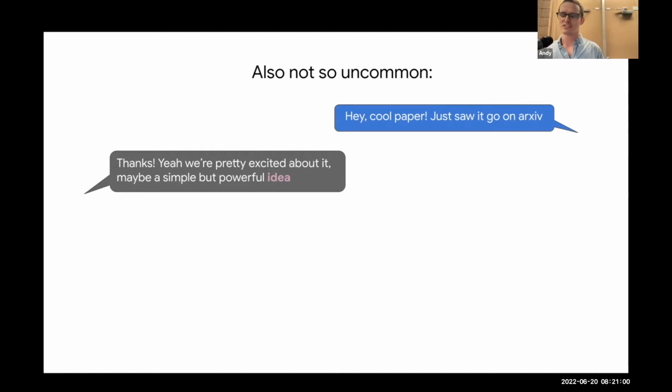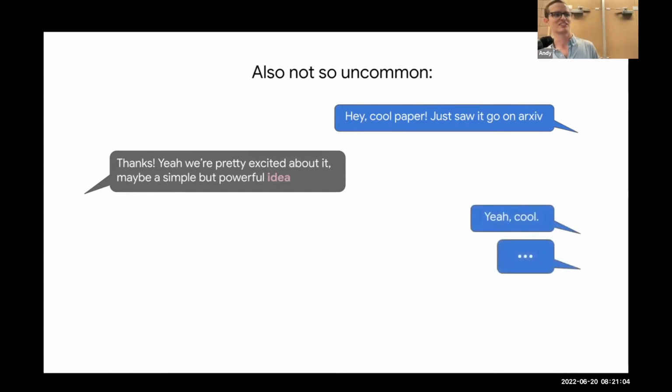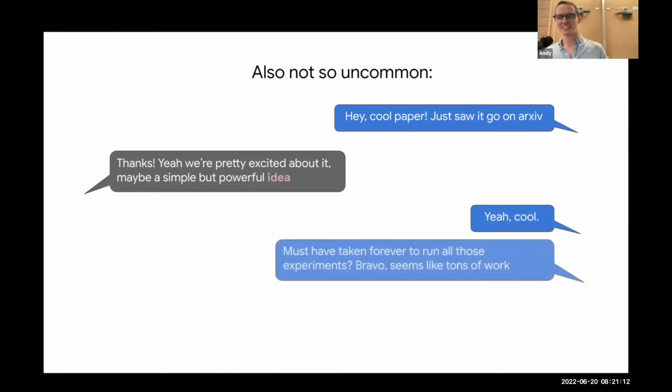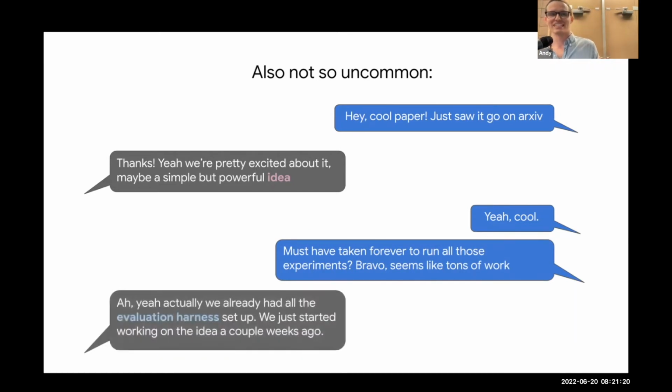And then you think to yourself, yeah, cool. But then you're thinking to yourself and you're not sure how to say it, but you're like, man, it just seems like so much work, and you're not envious of all the evaluations that they ran. And so maybe you're a little passive aggressive and you say, it must have taken forever to run all those experiments. Bravo, seems like a lot of work. But if you've never run into this type of comment before, I think it's very helpful to know that this exists.